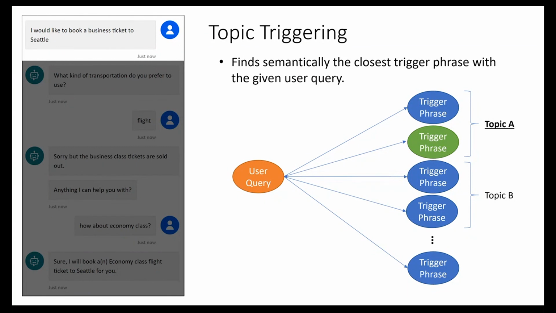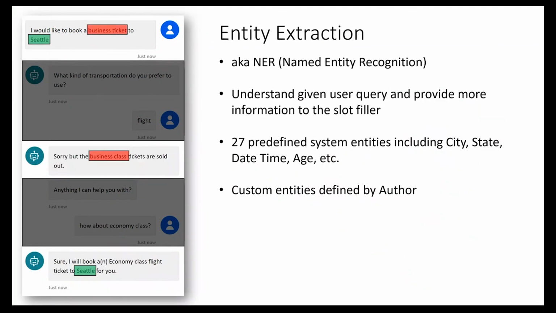The second part, in this particular example of flight ticket, if you see, I've said that I want to book a business class ticket to Seattle. There are a couple of entities which are already there as part of the user's utterance. One is the city name, which is Seattle, and then there is also a type of ticket, which is business class, right?